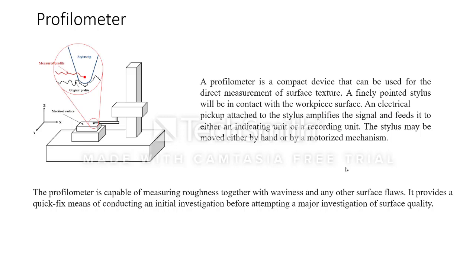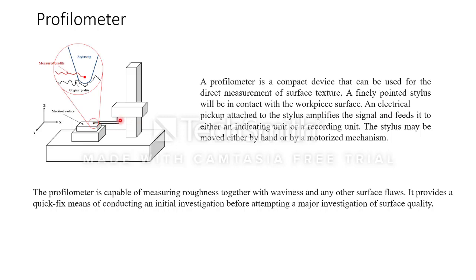Now coming to the working mechanism, how it works. The profilometer is a compact device that can be used for the direct measurement of surface texture. A finely pointed stylus, here you can see, is in contact with the workpiece, with an electrical pickup attached to the stylus.